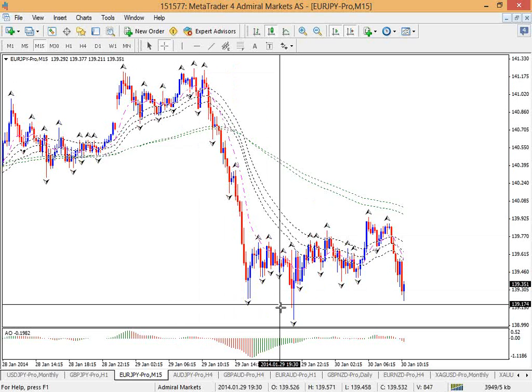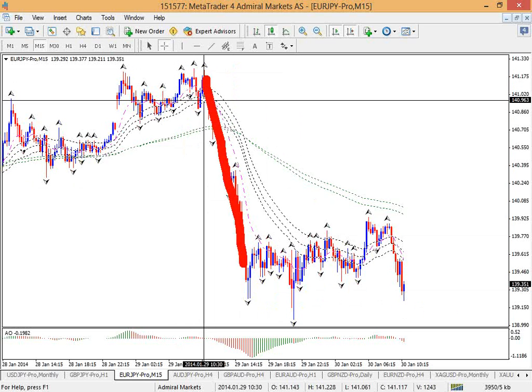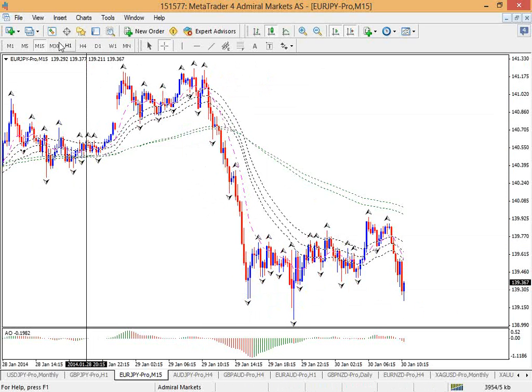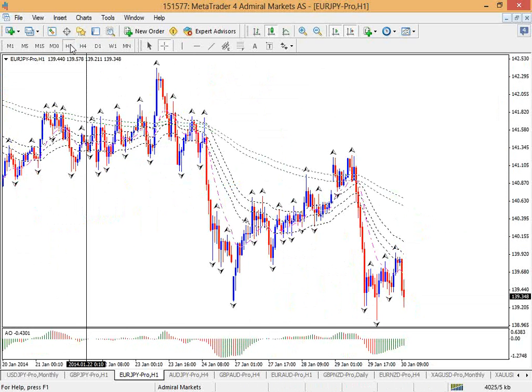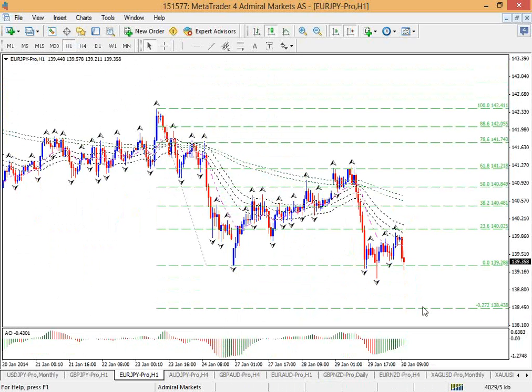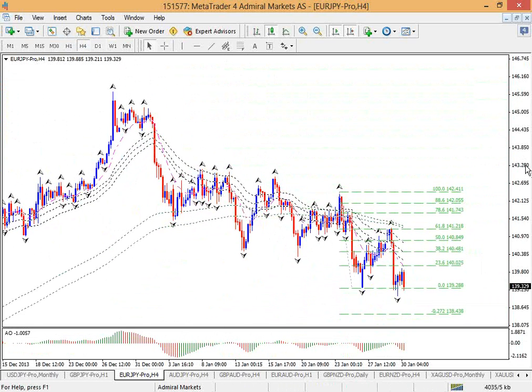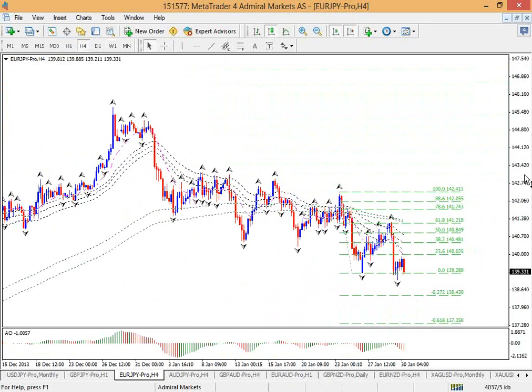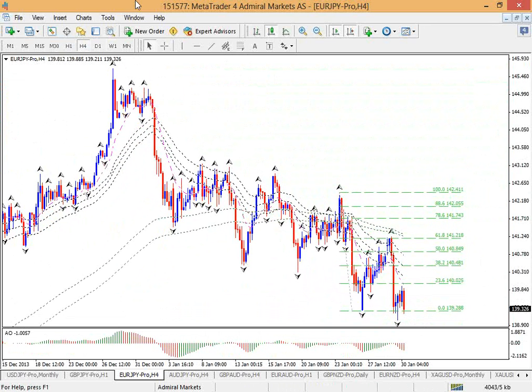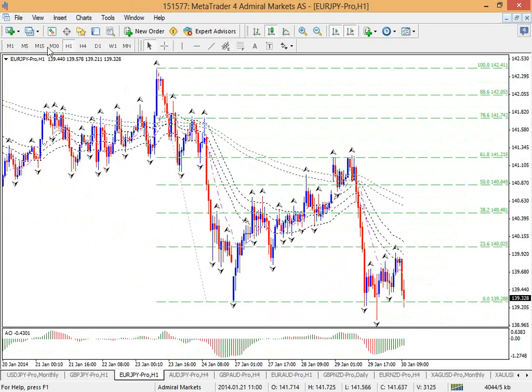If I'm judging it right, that 200 is basically just one fall. Pretty impressive. It hasn't reached the target as yet. The target would be this 138.40. So the Euro yen is also nicely moving to the downside.